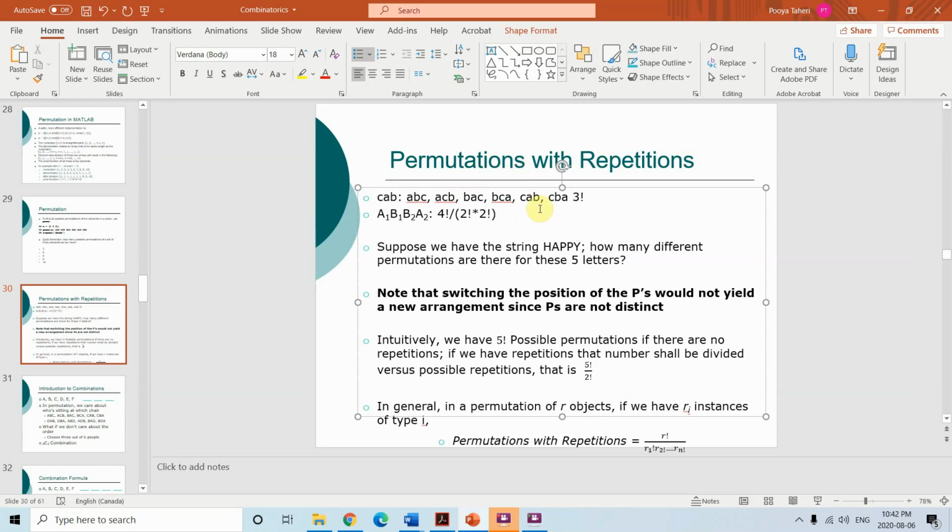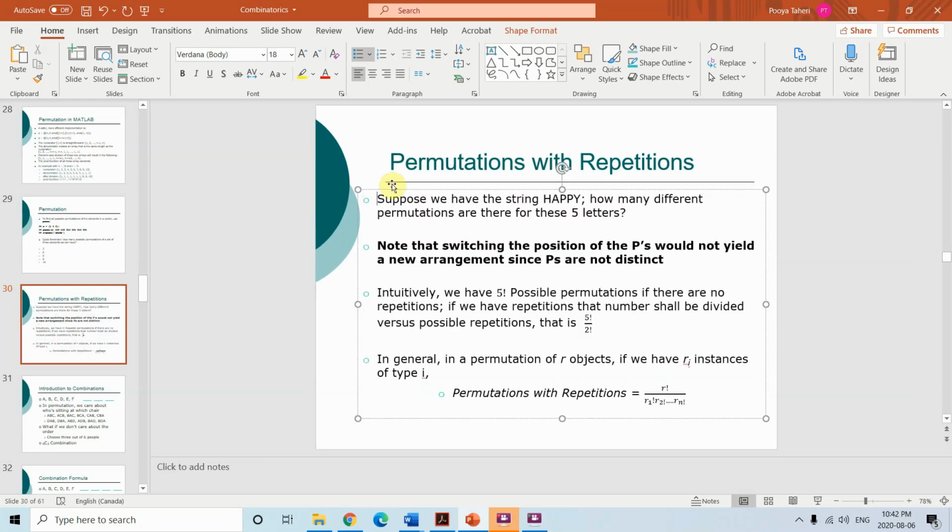So this is called permutation with repetition. Suppose we have the string happy. How many different permutations are there for these 5 letters? Again, if the P's in this word were different, if I call them P1 and P2, then you would have 5 factorial different permutations.